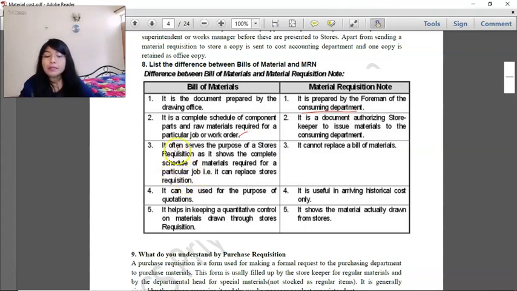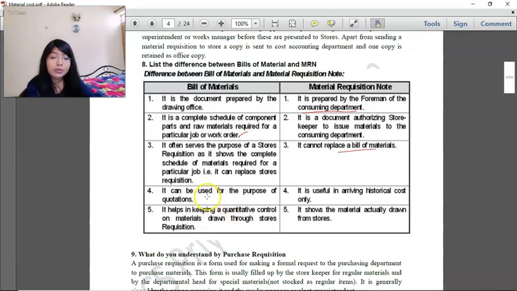Next, a bill of material often serves the purpose of a store requisition, as it shows a complete schedule of material, and it can replace the store requisition, but a material requisition cannot replace the bill of material. A bill of material is a wider term and a material requisition is a narrower term.